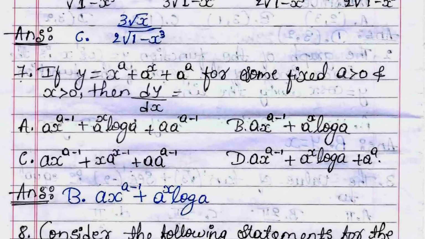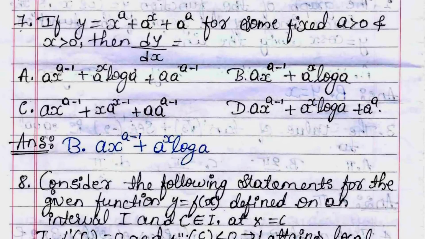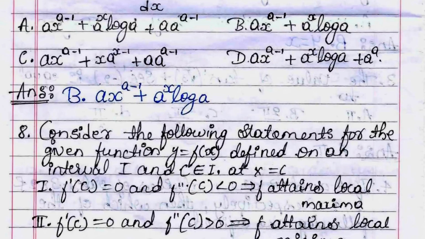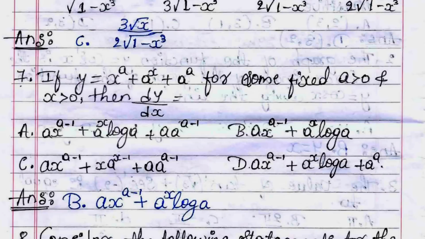Seventh, if y = x to the power a plus a to the power x plus a to the power a, for some fixed a greater than 0 and x greater than 0, then dy by dx is equal to: A a x to the power a minus 1 plus a to the power x log a plus a to the power a minus 1, B a x to the power a minus 1 plus a to the power x log a, C a x to the power a minus 1 plus x a to the power x minus 1 plus a to the power a minus 1, D a x to the power a minus 1 plus a to the power x log a plus a to the power a.